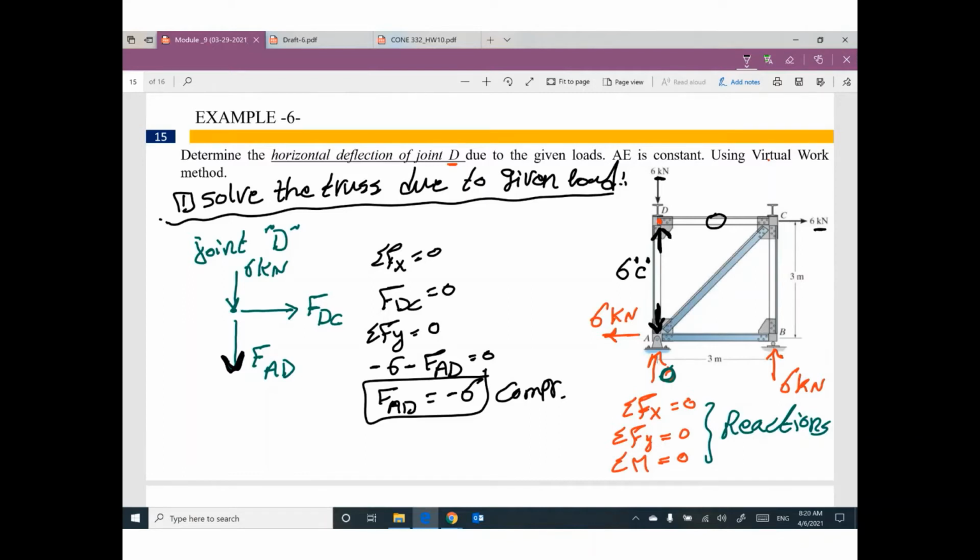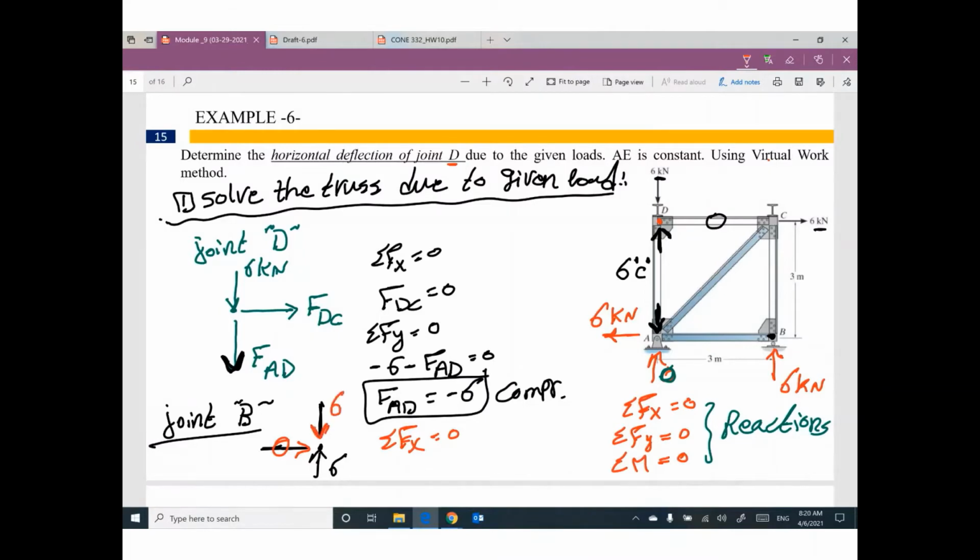What do you think about joint B? Let's try joint B. What do you have at joint B? We have vertical reaction 6, we have horizontal member, we have vertical member. Nothing else at joint B. I believe without calculations, this one will be 0, we don't have anything in X. I believe this one will be down.